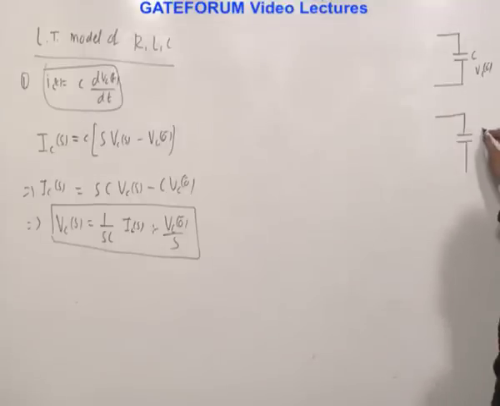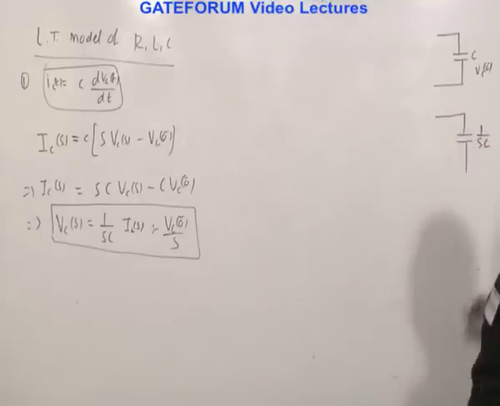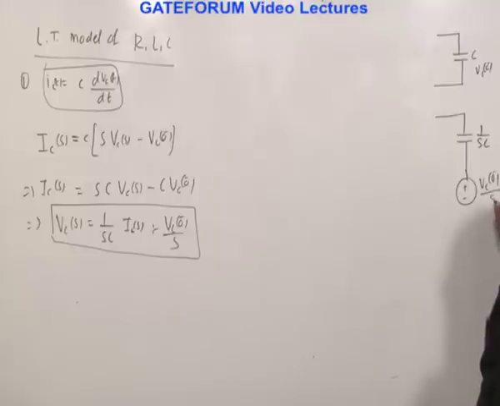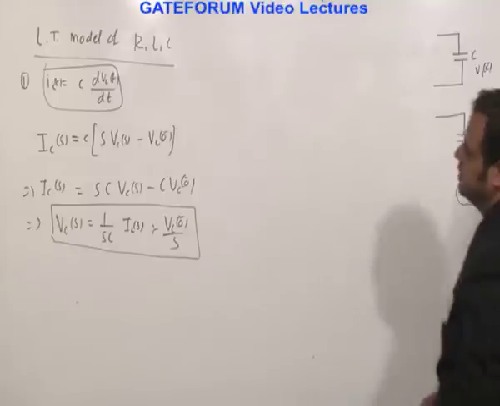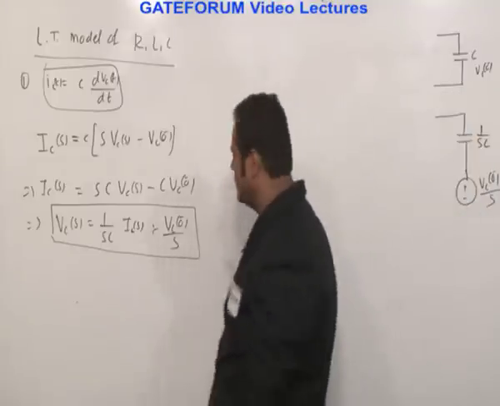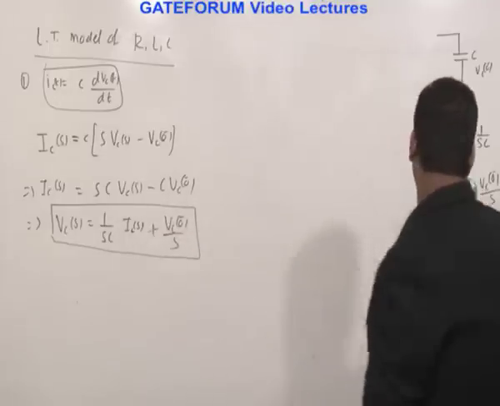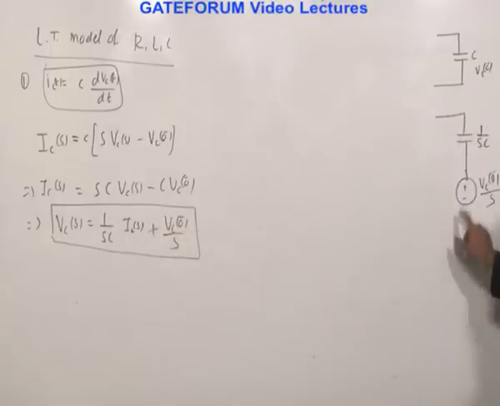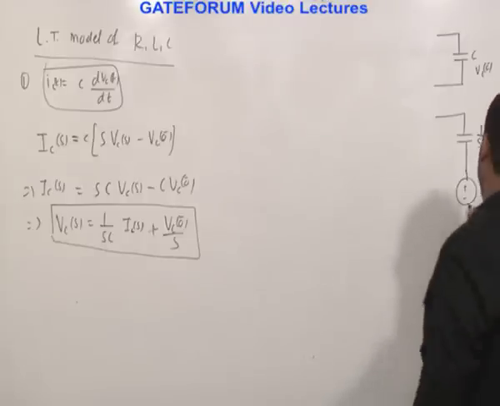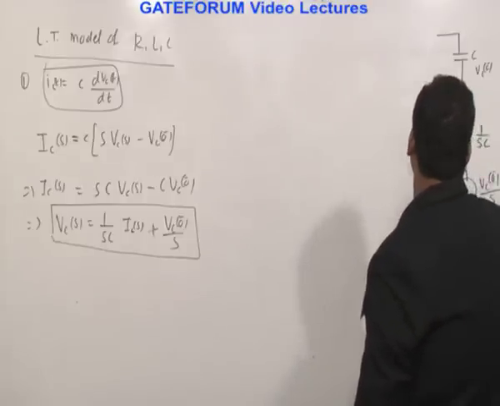It should be 1 by SC, and I need one more term, which I model by Vc 0 minus by S, a constant battery. If the initial condition is 0, this is a short circuit, a perfect capacitor which satisfies VCS equal to 1 by S into ICS. This is the circuit model.